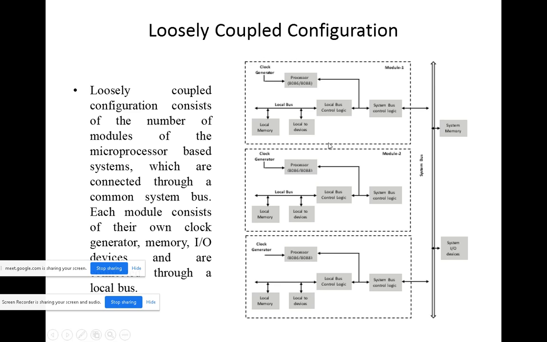Okay, இது பார்த்தீங்கன்னா உங்களுக்கே தெரியும், ஒவ்வொரு பாக்ஸ் கொடுத்துருக்காலையா, ஒவ்வொரு ப்ராசஸுக்கும் தனித்தனி மெமரி, லோக்கல் மெமரி, லோக்கல் இன்புட்-அவுட்புட் டிவைஸ், local bus control logic, அதே மாதிரி system bus control logic. Okay, everything will be separate for each processor. ஒவ்வொரு ப்ராசஸுக்கும் தனித்தனியா கொடுத்துருக்கோம். பட் க்ளோஸ்லி கப்பிள்ட்ல அப்படி கிடையாது.